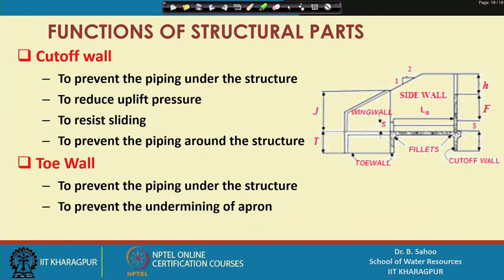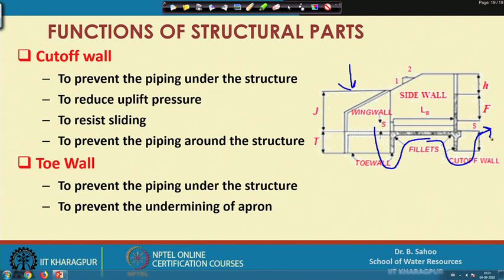Similarly, the cut-off wall prevents the piping under the structure. Generally, the piping occurs because of water pressure in the upstream side here. It exerts water pressure, and because of that the water is emitted through this contact surface of this cut-off wall and toe wall to arise at the downstream section like this.